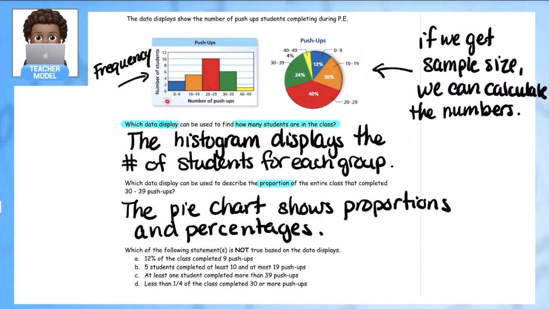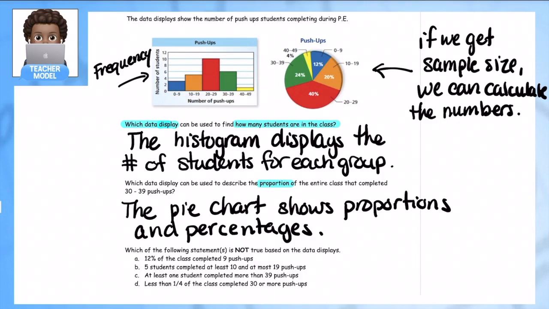I can add up all the numbers and then I can find the proportions. On both of these, I can see which is the most. Like I can see that between 20 and 29 was the most for both. But only here does it directly tell me this is 40%. Whereas here, I would have to add up all the frequencies and then find out this is 10 out of all the numbers. So that's different.